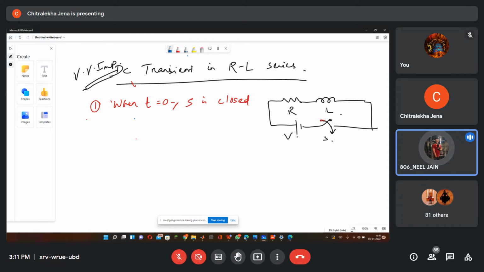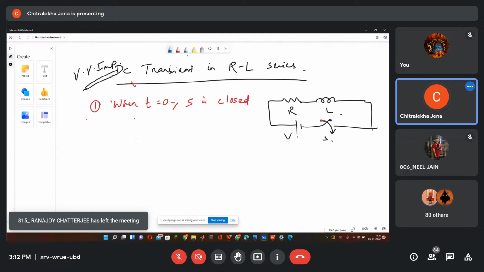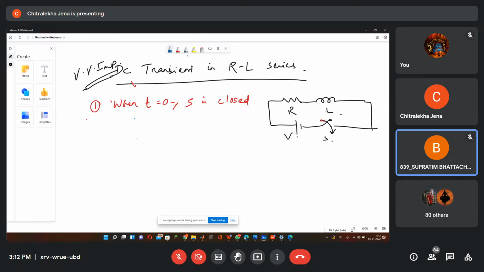Ma'am, current will flow, I think, because the inductor opposes the change in the flow of current. Supratim, tell me, roll number 839. Absent. Ma'am, current will not flow. Are you listening to me?